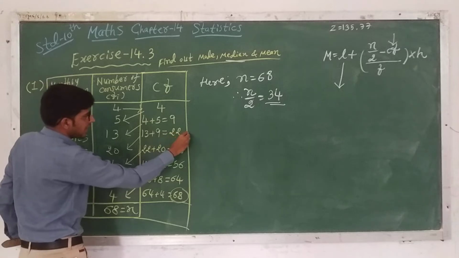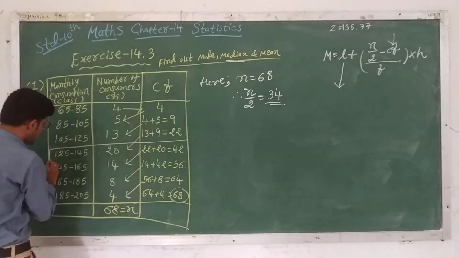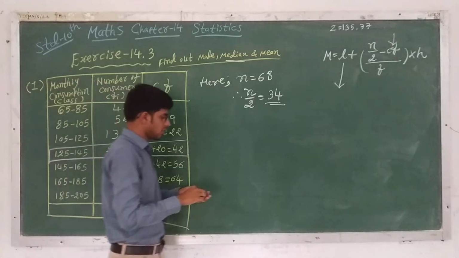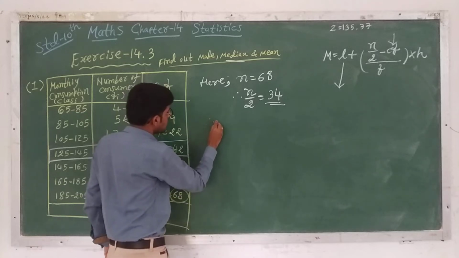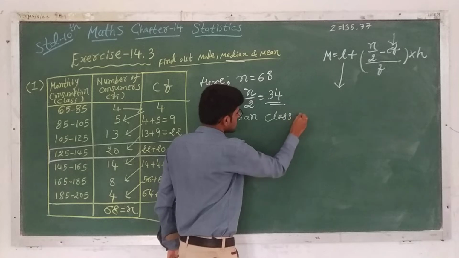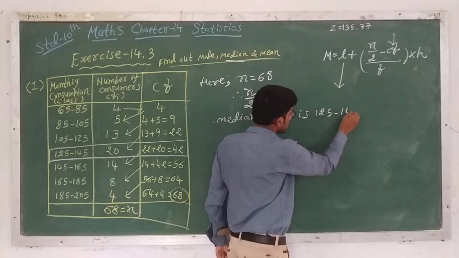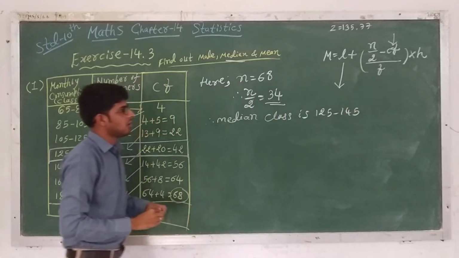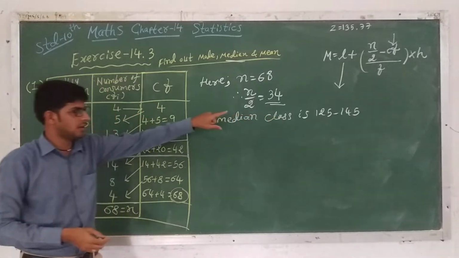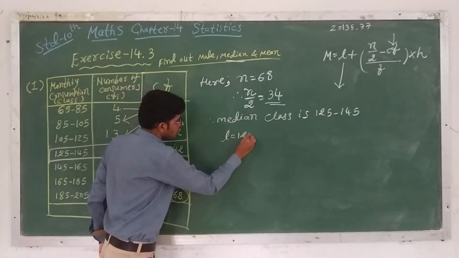The next value after 34 is 42. So 125 to 145 is the median class. Therefore the median class is 125 to 145. The lower limit of the median class is called L. So L is equal to 125.